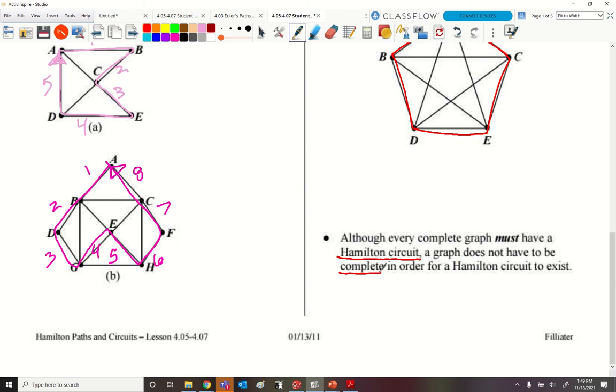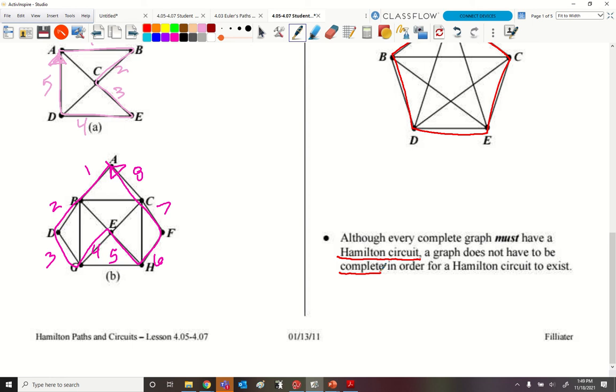So I do not have to go directly to everyone's house. For Hamilton, I would go from one house to the other, but in a complete graph, I would have a line going directly to everyone's house.